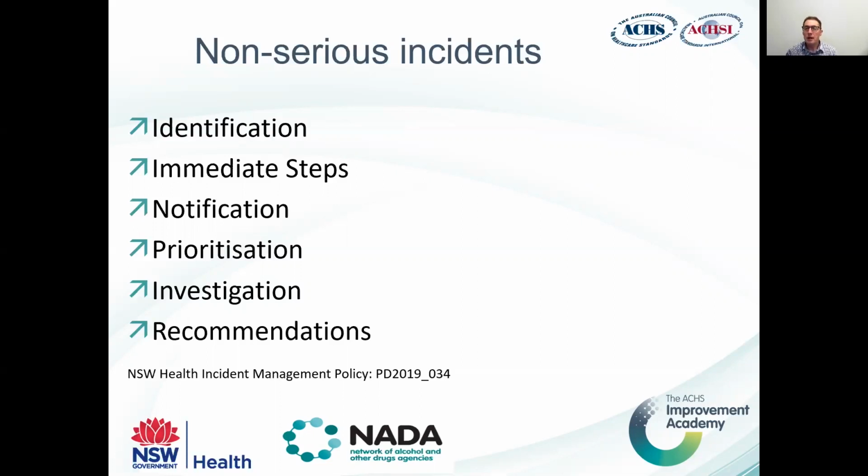There could be an aggression or violence incident. There could be a fall, or it could be around a duress alarm that doesn't go off, but no one's harmed. Or it could be a medication incident. Again, someone could be exposed to a medication or an overdose that's potentially serious, but there's minimal harm.